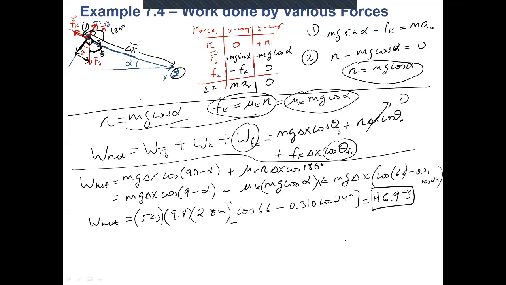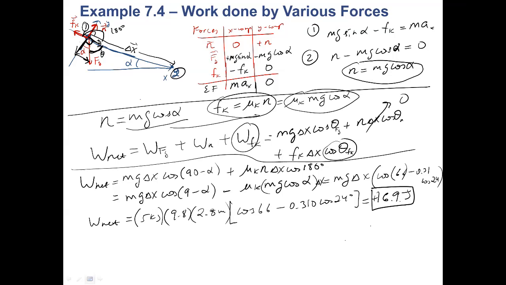That means the work done is a positive 16.9 joules. You can see in my lecture notes, I independently calculated the work done by the gravitational force, which was 55.8 joules, then independently calculated the work done by friction, which was negative 38.9 joules.